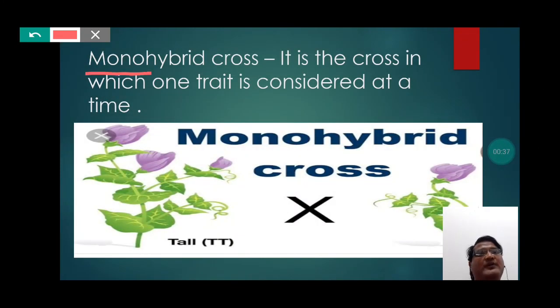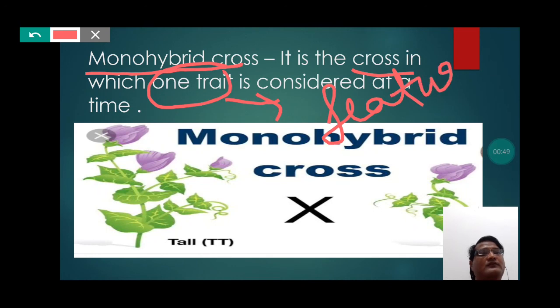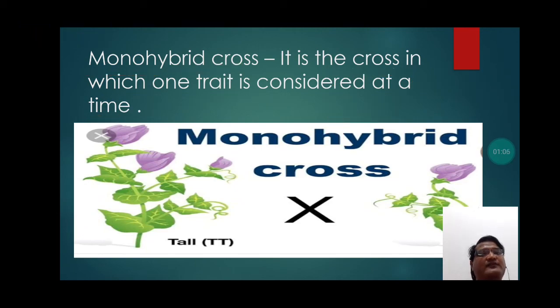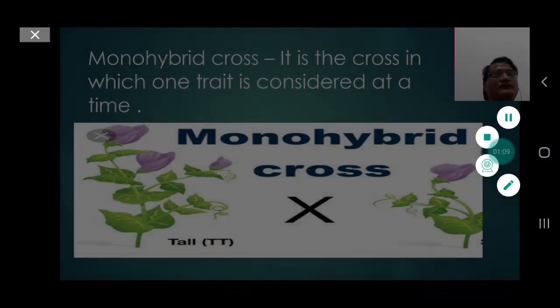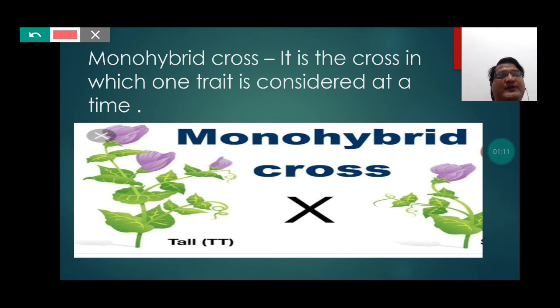So students, monohybrid actually is the cross or the reproduction in which only one trait, that is only one feature, is being considered at a time. So students, if you concentrate on this picture, then you will be able to notice that there is the presence of two different types of plants.